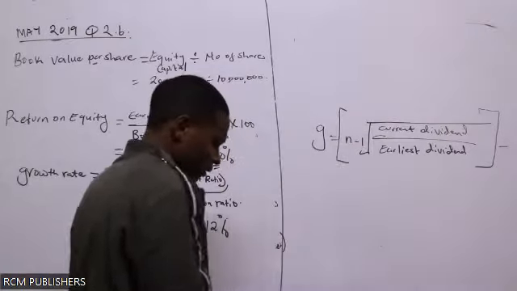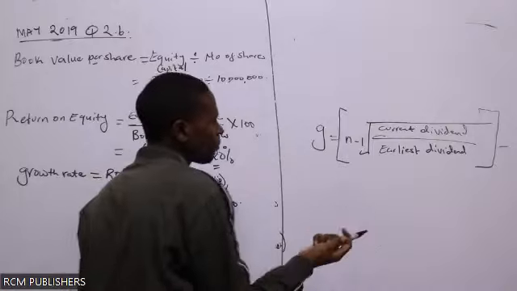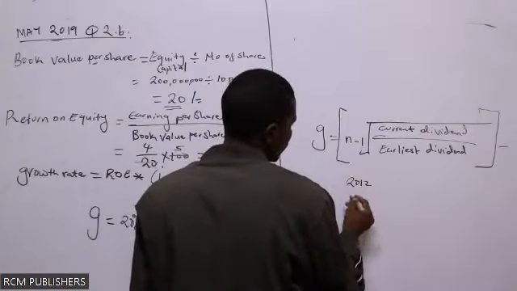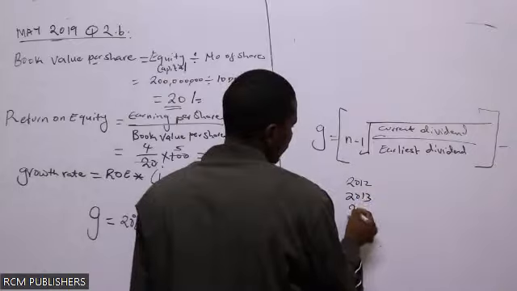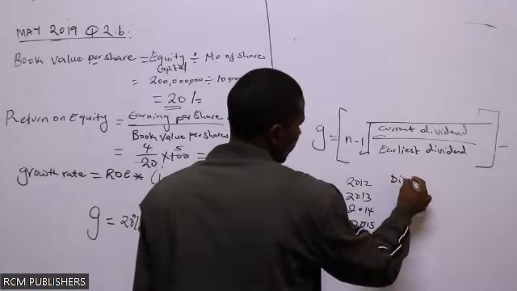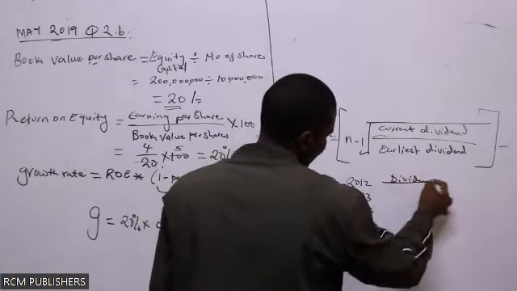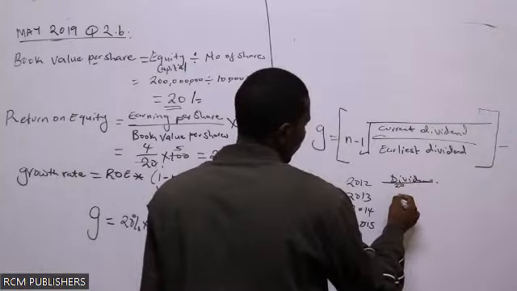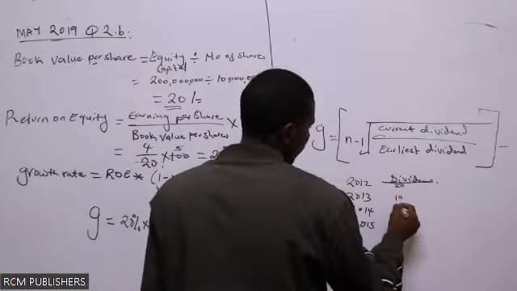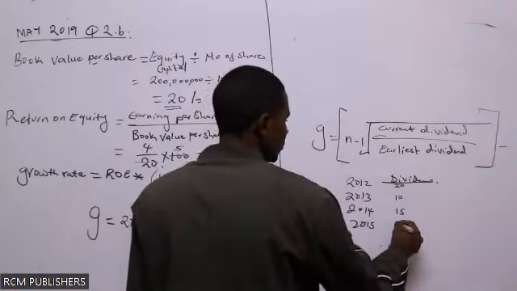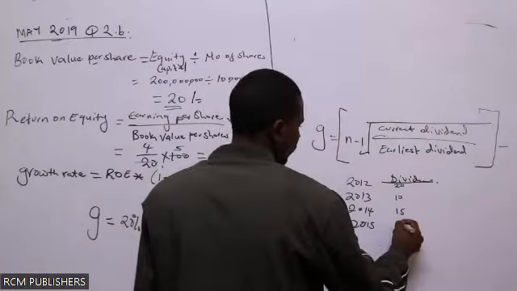Now when using this method, you will be given certain years, 2012, 2013, 2014, 2015, and then your dividends here. So what will the current dividend be? Here you are given 20, you are given 10, here you are given 15, here you are given, what do we put now? You are given 5.